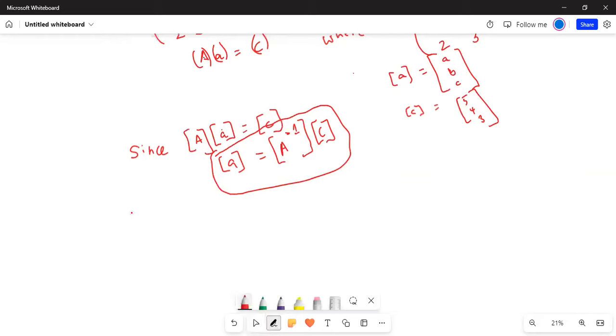Matrix A is equal to 1, 2, 2, and 3, 4, 3, and minus 1, 6, 1. That's your matrix A. Okay. So we will use the TI-84. Okay. How will I use the TI-84?